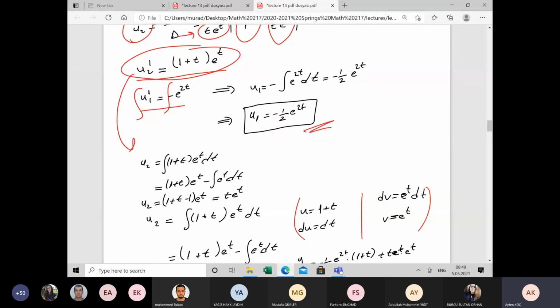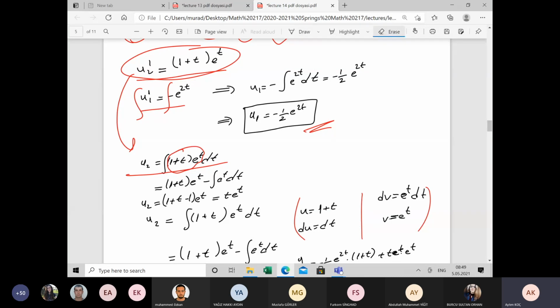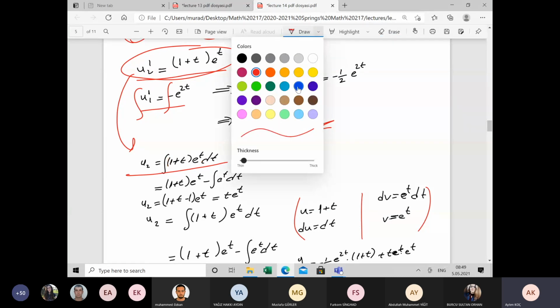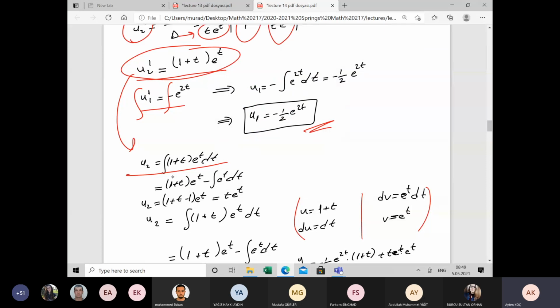We obtain a product here, and you have to use integration by parts. This product is the product of a polynomial and an exponential function. Of course, u should be 1 plus t, and dv is this part.